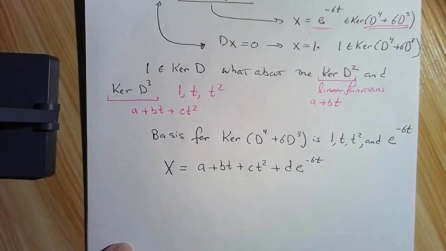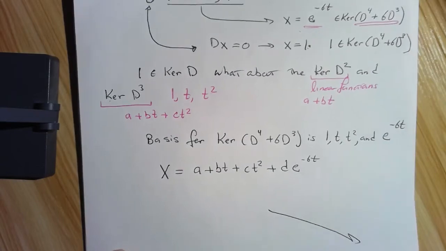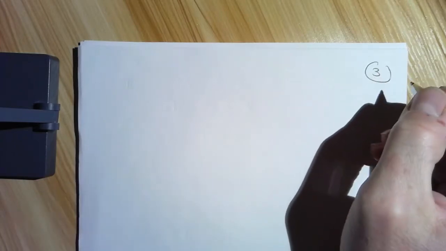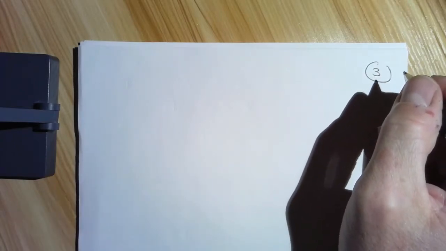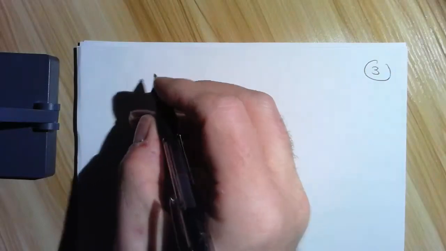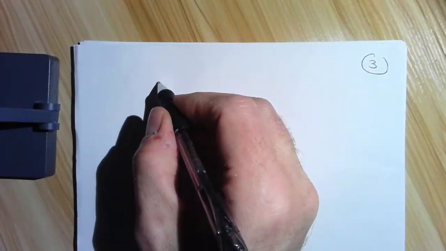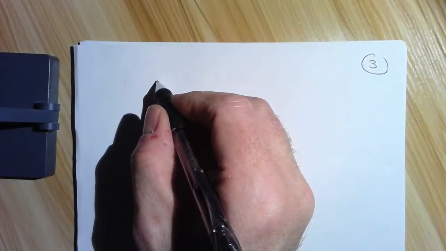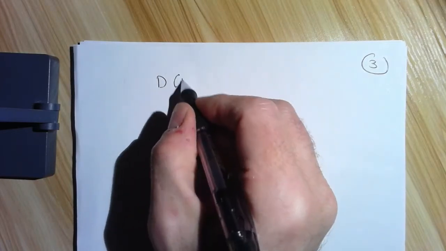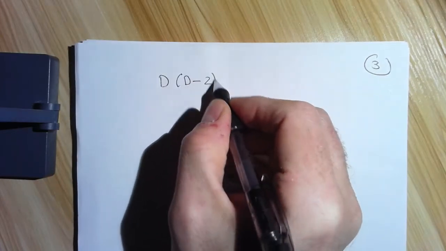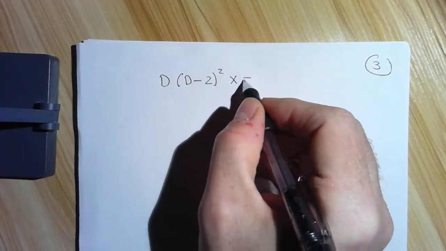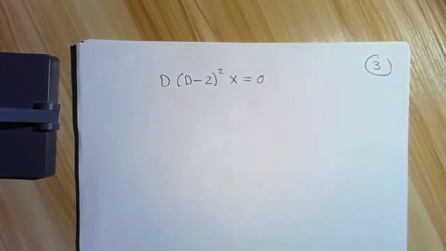All right. Let's go to another page. Ignoring the whole factoring things because I don't want to make up an example, suppose I had something like (D - 2) squared on x = 0.